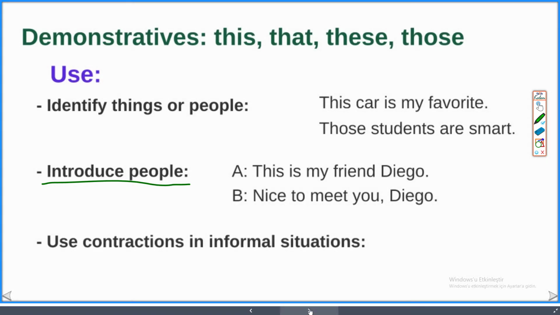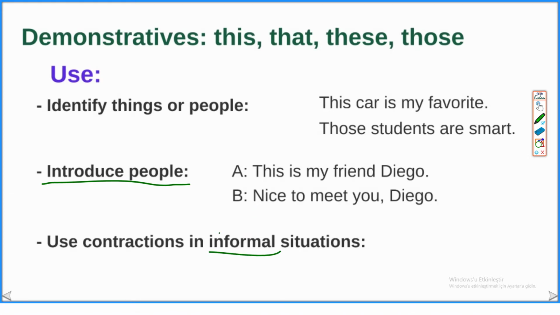And use contractions in informal situations. And what is the meaning of informal? Informal means not official. Okay, you don't have to be formal, you don't have to be official. You can use daily language, like hi, hello, what's up, what's going on.